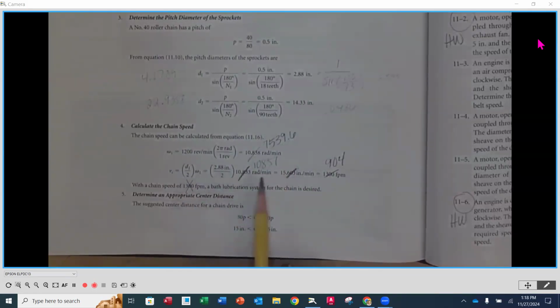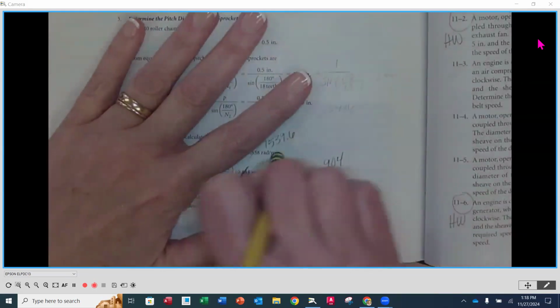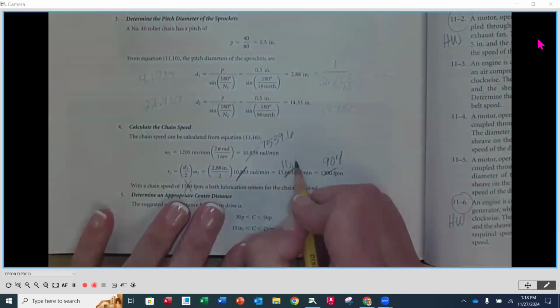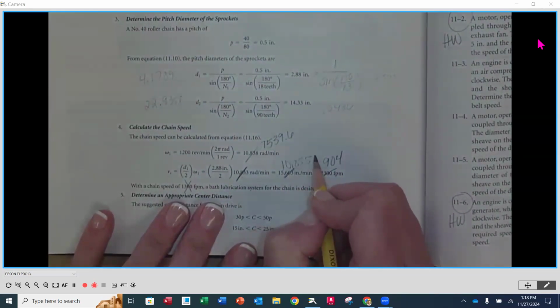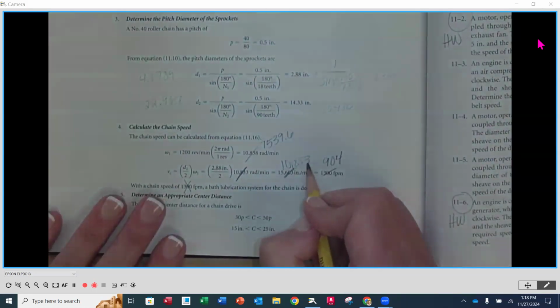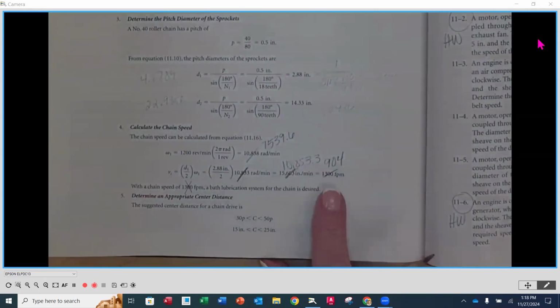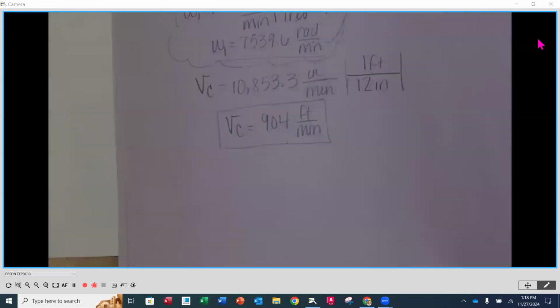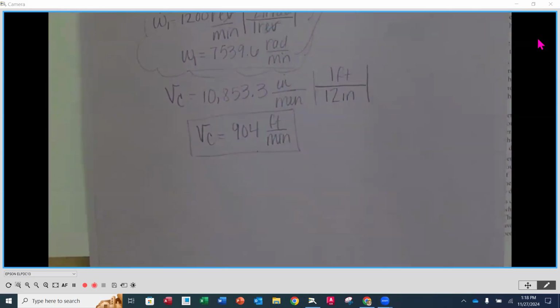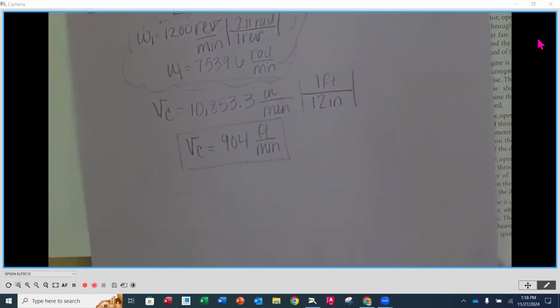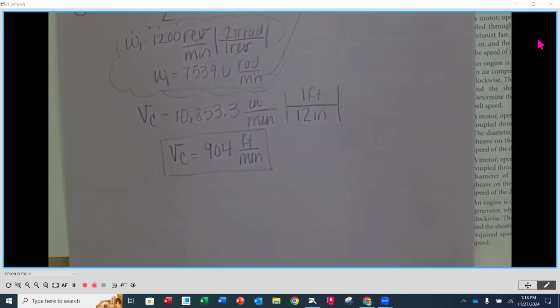Then you're going to notice that down here, because of that, this is going to be 10,853.3, and that's going to be inches per minute. And then 904 feet per minute. So it's just a mistake on their part. Our numbers are correct. Just want to verify, did everybody get the 904 feet per minute? Show your conversions and everything, and also make sure it's readable.